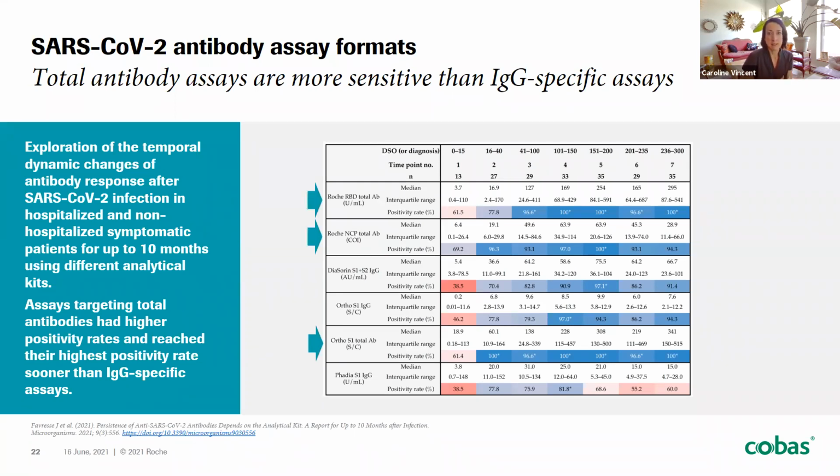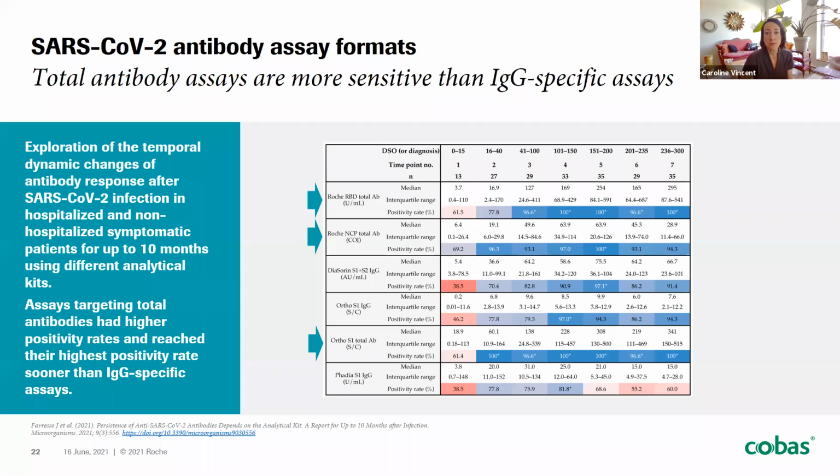As we can see again here, the total antibody assays showed higher positivity rates, and they also reached their highest positivity rate sooner than the IgG-specific assays. Again, this shows higher sensitivity in the case of total antibody assays versus IgG-specific assays.